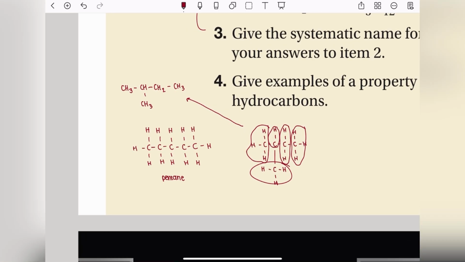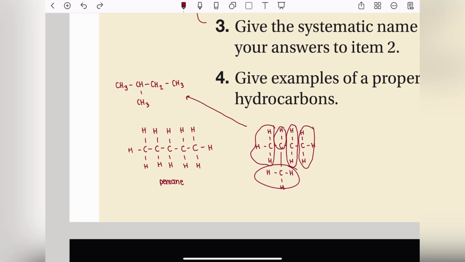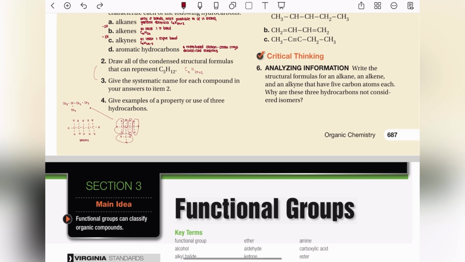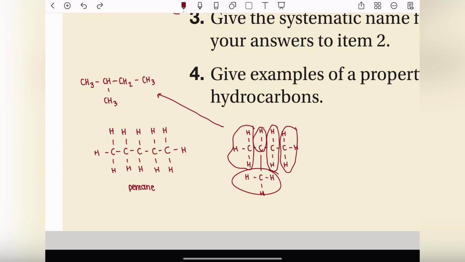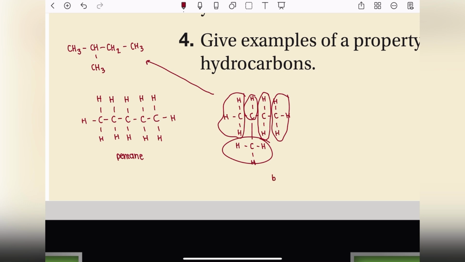This compound, we have a parent hydrocarbon over here with 4 carbon atoms. So knowing that it's an alkane and that it has 4 carbon atoms, the last part of the name will be butane. And then there's 1 alkyl group, which is a methyl group.